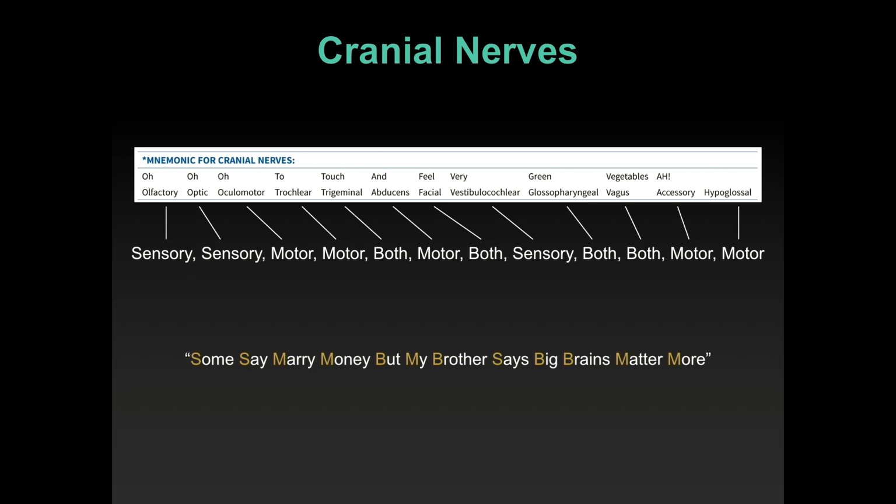Some say marry money, but my brother says big brains matter more. Write that down. 1, 2, 3, 4, 5, 6 through 12. Sensory, sensory, motor, motor, both, sensory, both, motor, motor. I just looked at the sentence. 80% of your job is done, maybe even 85.